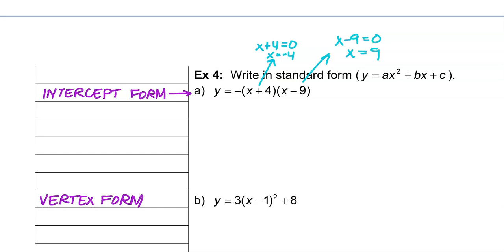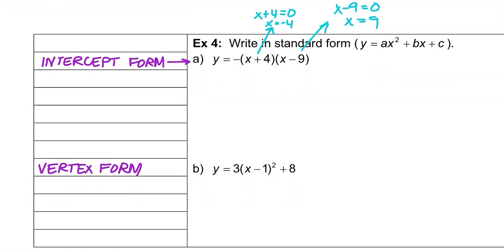But the reality is if it's given to you in this form on the test, you can always put it in standard form. So just to review that, right, what I would do is I would leave the negative here. Let's write it one time. So, and then I can multiply it together and put it in standard form.